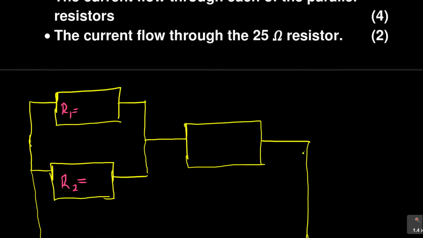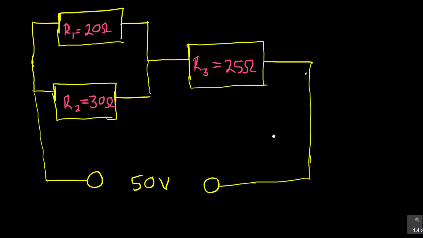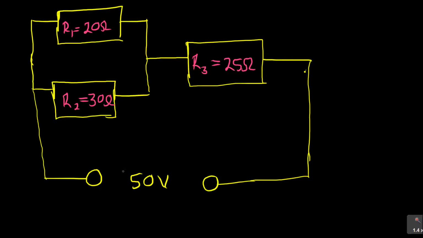So we have here 20 ohms, and then 30 ohms, and here we've got R3, let's call that R3, 25 ohms. It's up to you how you label them, but you need to be consistent in knowing which R you are using. You can call R3 R1, it's up to you.